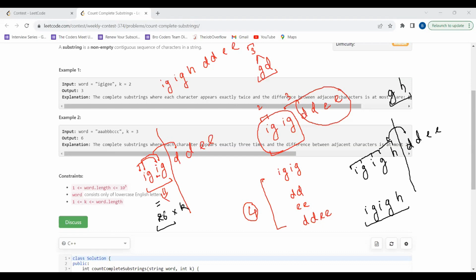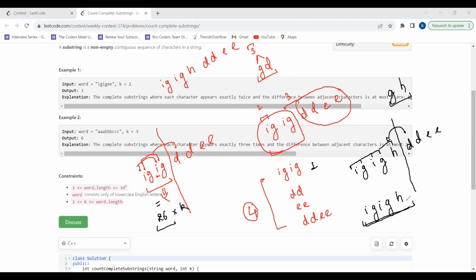Now, let's come here. Let's say we want all the words in this substring.